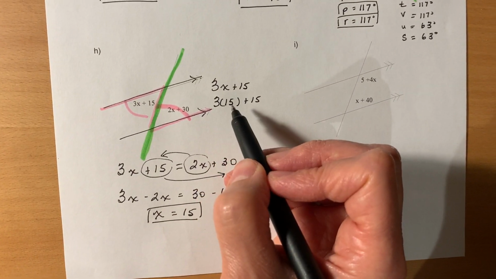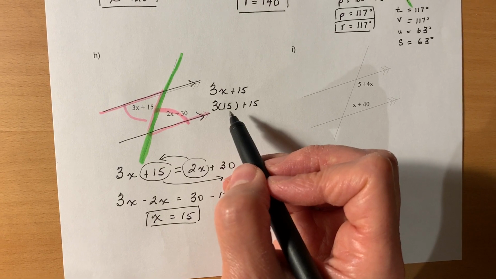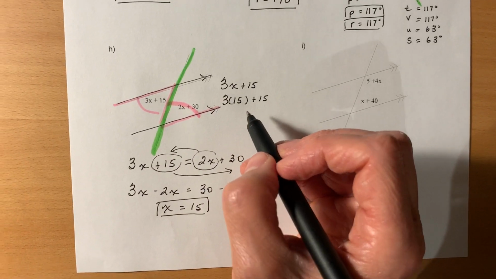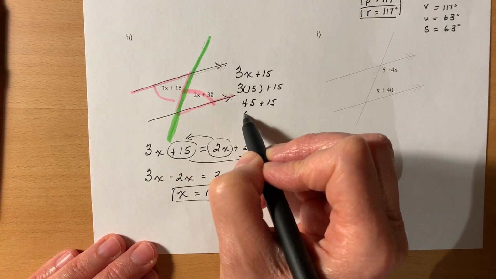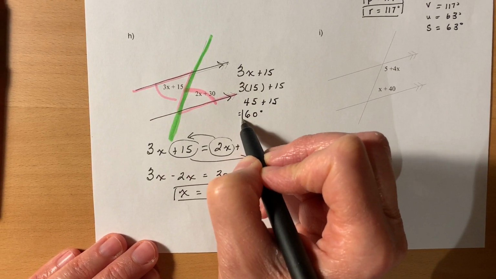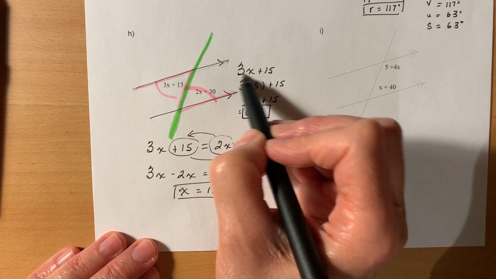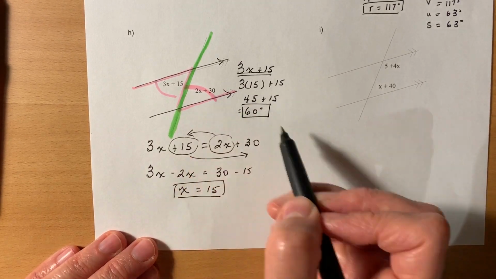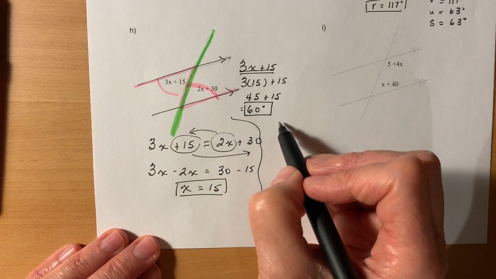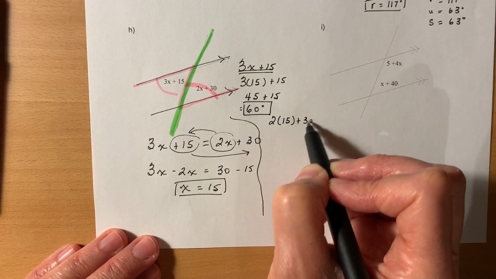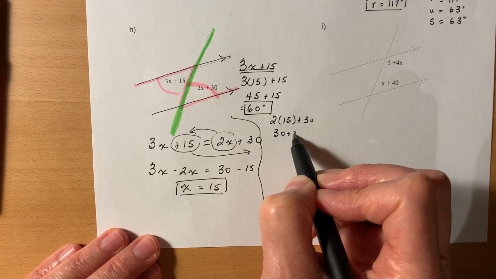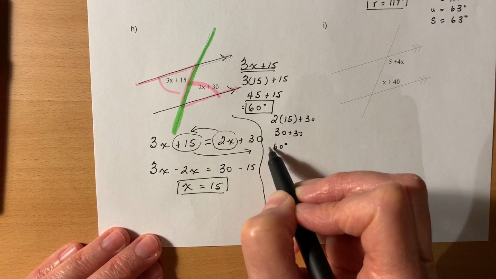So 3 times 15 is 45, right? And then I add 15, so my angle is 60 degrees. If I did it correctly, this should also be 60. So let's just quickly check it. 2 times 15 plus 30 is also 60 degrees.